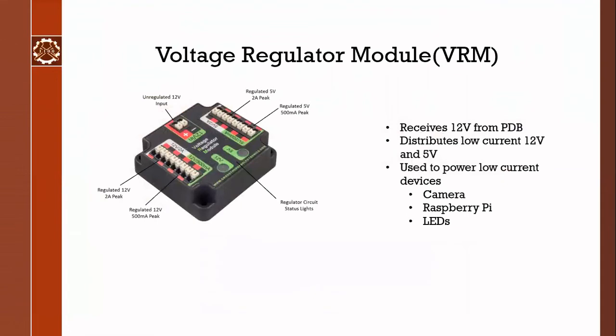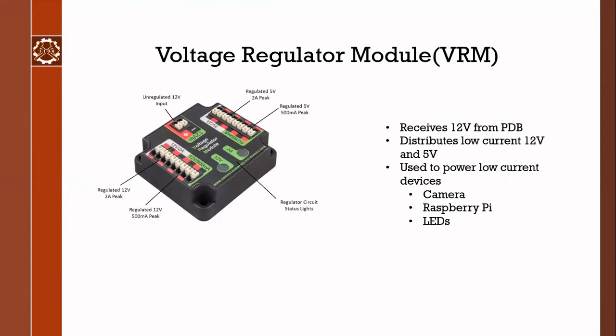Okay, moving on to the VRM. What I like to associate the VRM with is the PCM, in the sense that while it doesn't deal with pneumatic components, it does still distribute the 12 volts from the PDB to smaller components that may not be able to completely take those 12 volts.